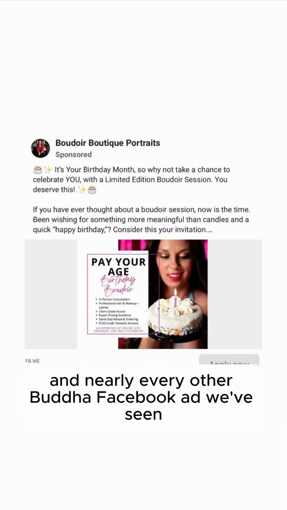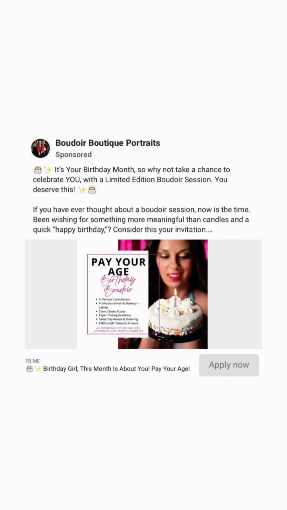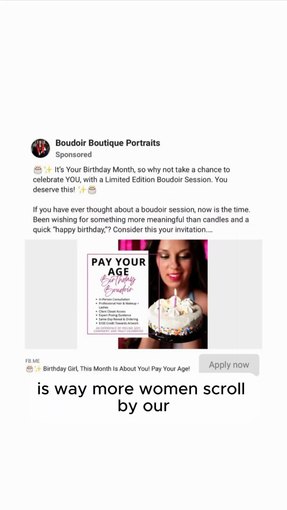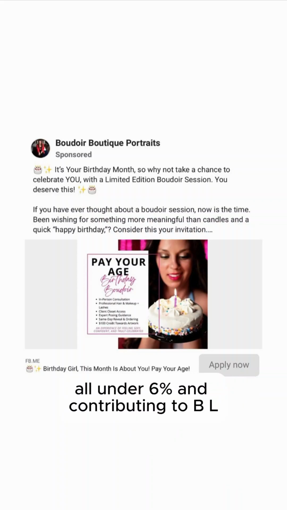And nearly every other boudoir Facebook ad we've seen, nearly all of them look like ads. The consequence of this, when we make ourselves look like ads, is way more women scroll by our ad than necessary, pulling our unique CTR all under 6%, and contributing to BLCS, aka boudoir low click syndrome.